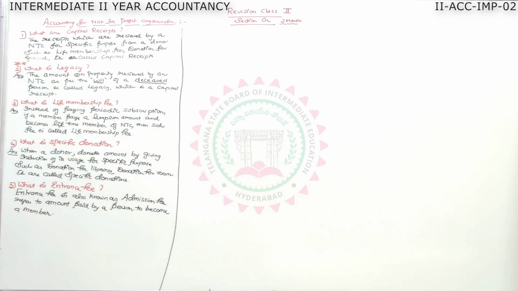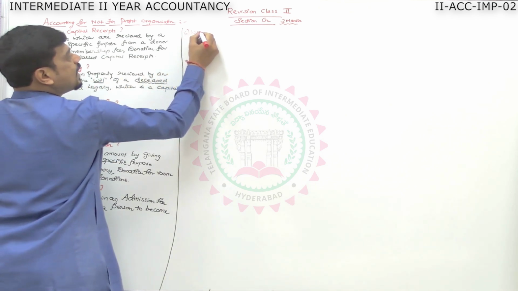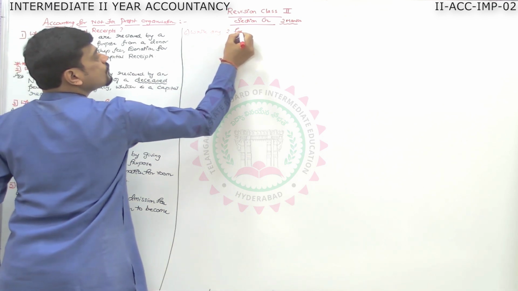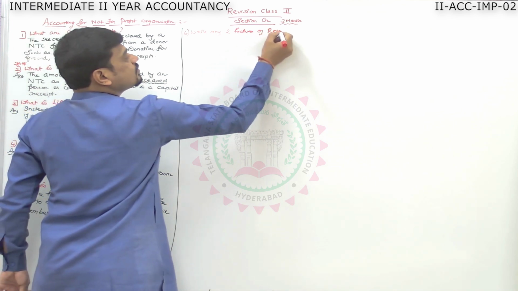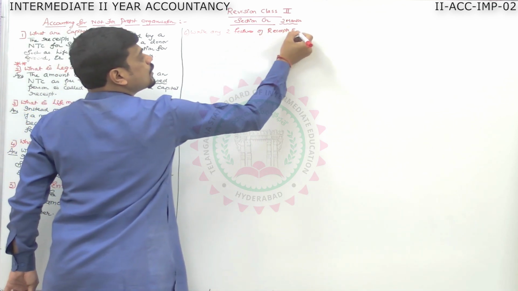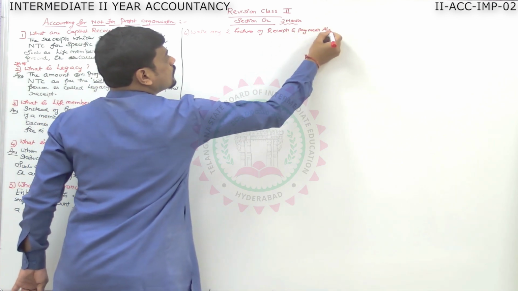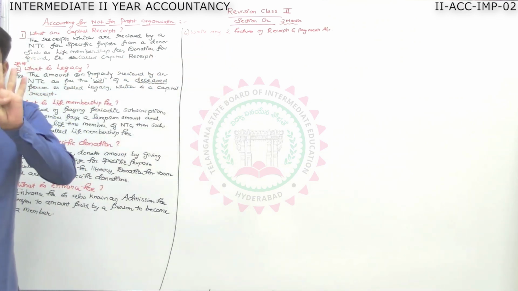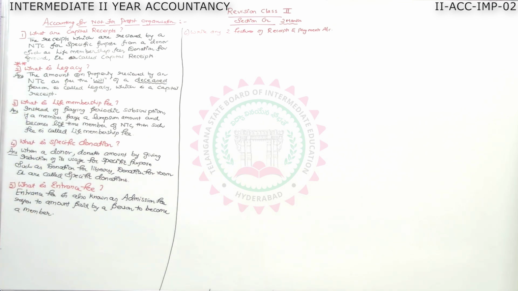Say for instance, he may ask you to write any two features of receipts and payments account. You can expect. But my request to you all is, he asks 2. You don't write 2. Write minimum 4. Simply if you write 2, that may not give such an appealing look.